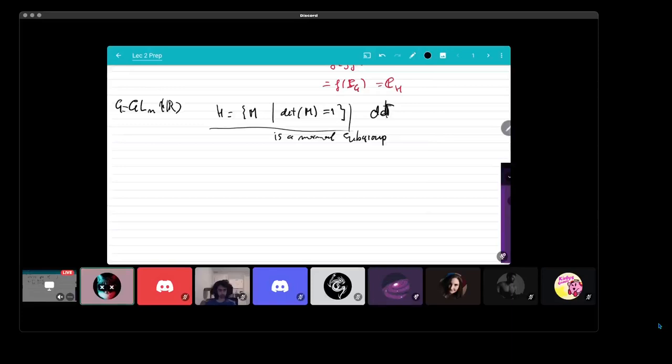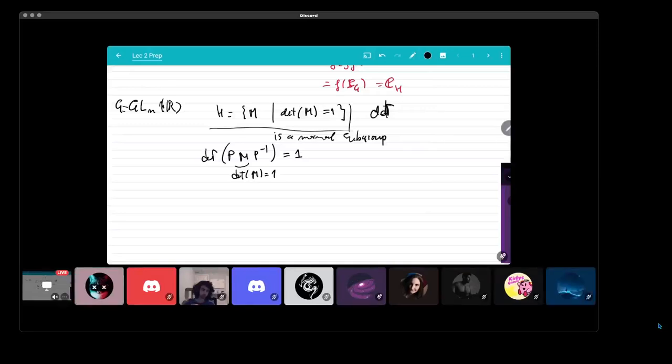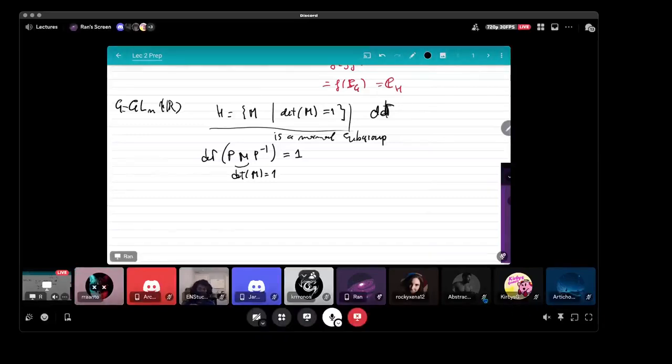What this means, more concretely and less abstractly, is that if you have a matrix M that has determinant 1, the determinant of its inverse is also 1. And you may have seen that already in matrix computing courses and readings.